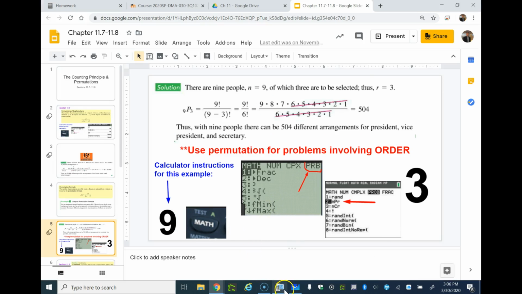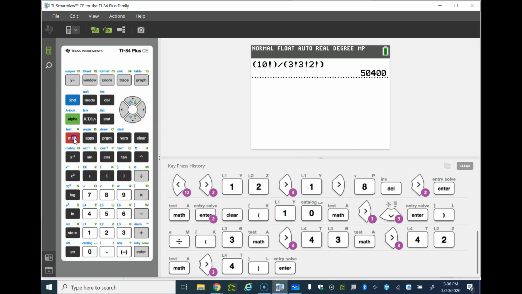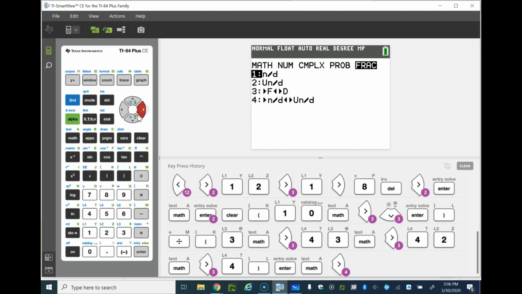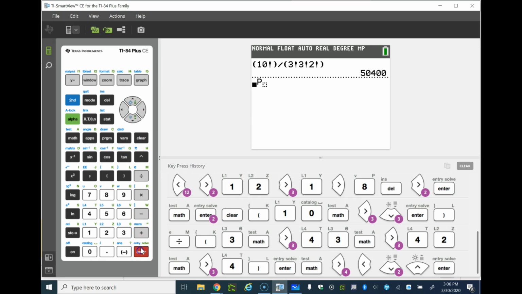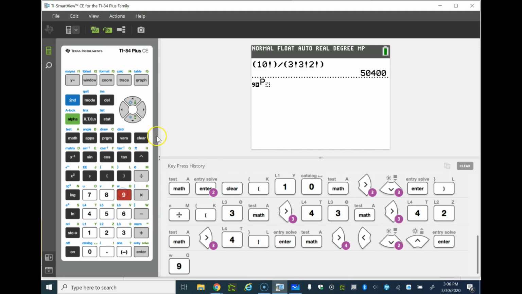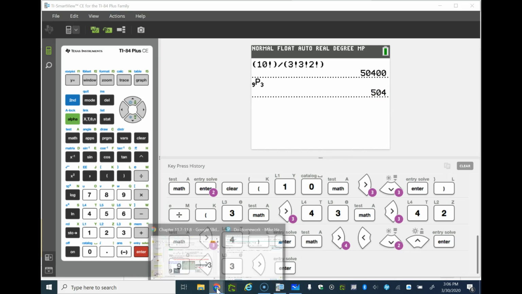I think with those you can just put in, let's go over and get it, and this will be number 2. Here they actually have little squares provided for you, so you can just put in the numbers, 9 and 3. But with the older ones, you have to do the steps that I showed in the slides. And we get the 504.